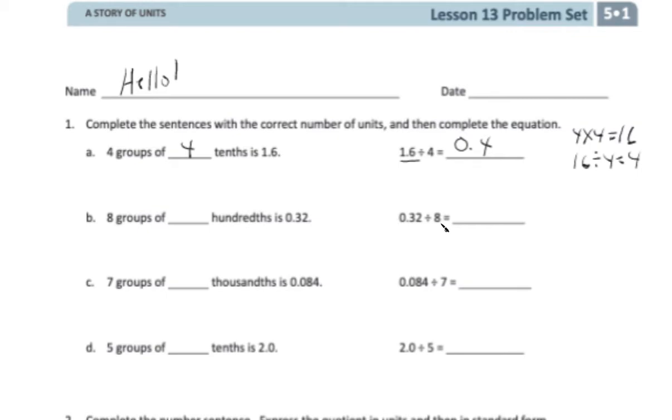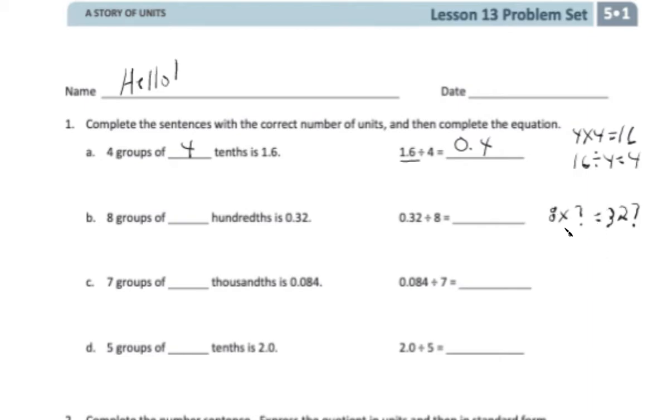32 divided by 8. That's 32 hundredths, but it's still 32 divided by 8. So what is 32 divided by 8? Isn't 32, what times 8 is equal to 32? Oh, it's so hard to write on this thing. What times 8 is equal to 32?